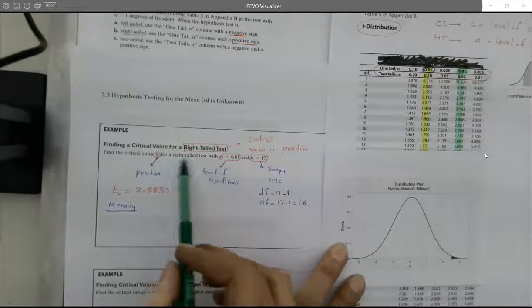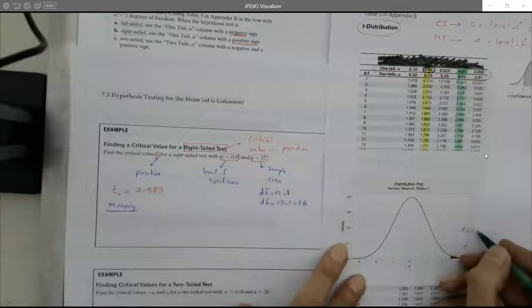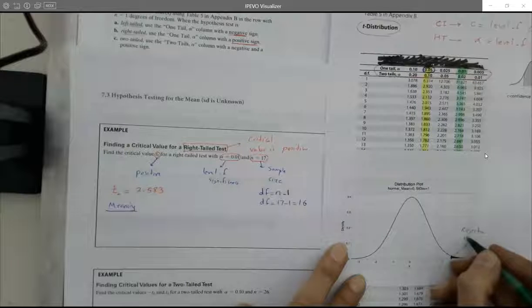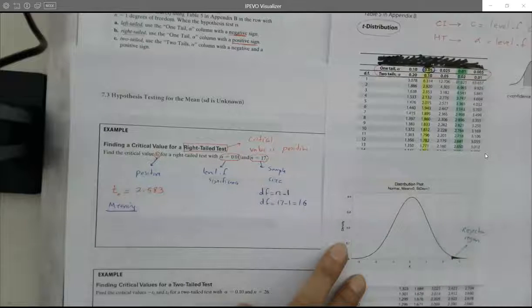It means that my rejection region, this green region, is a very small region on the right-hand side. I already know that it's a right-tailed test. So the rejection region is on the right-hand side. The rejection region. And here I have my t sub 0, which is 2.583.